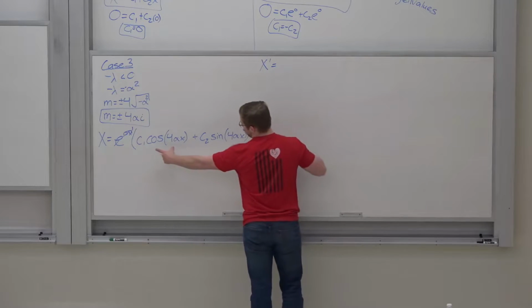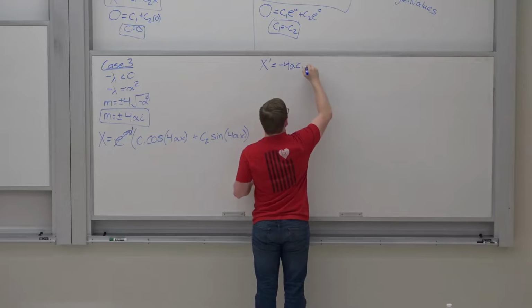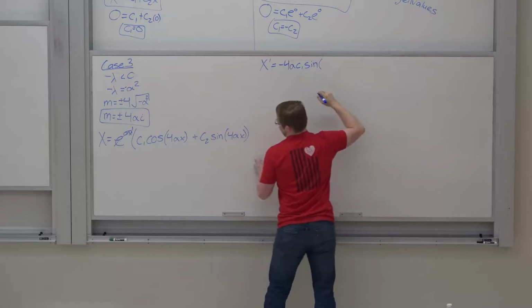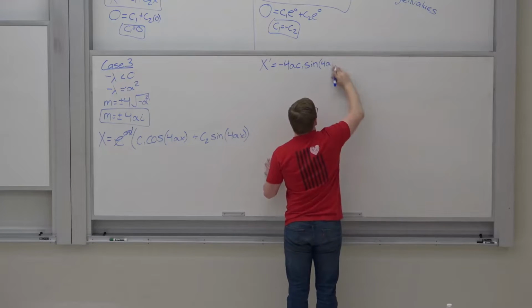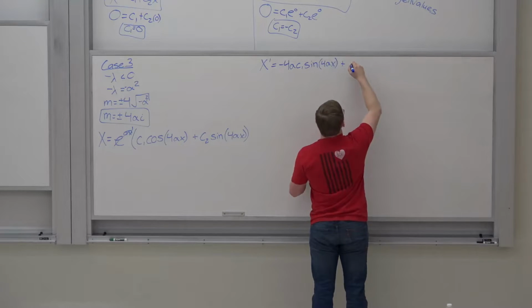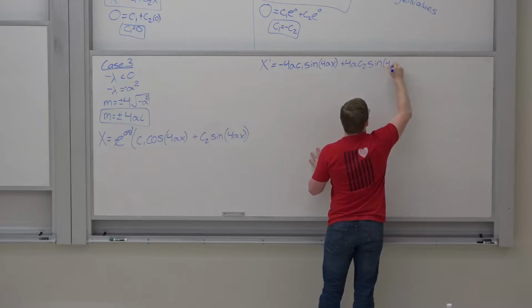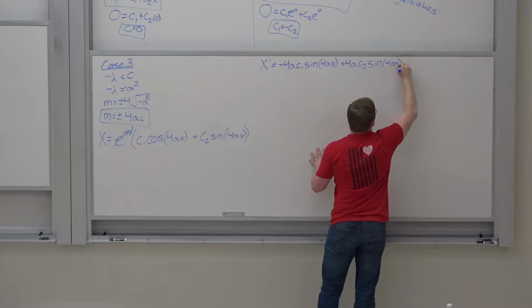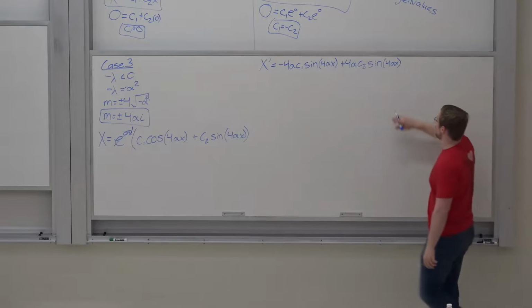The derivative is going to be a negative 4 alpha C1 sine of 4 alpha x plus 4 alpha C2 cosine of 4 alpha x.